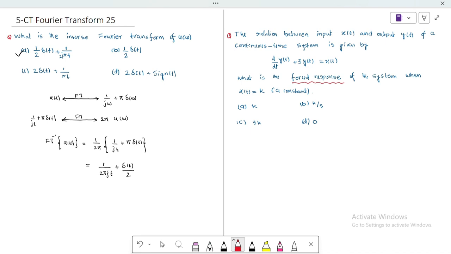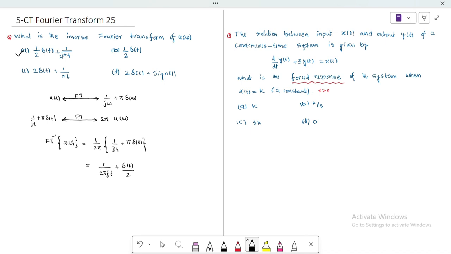The steady state response is also called the forced response. So when x of t equals k, x of t is given for t greater than 0, we have to find y of t. Y of t may have forced response and transient response.